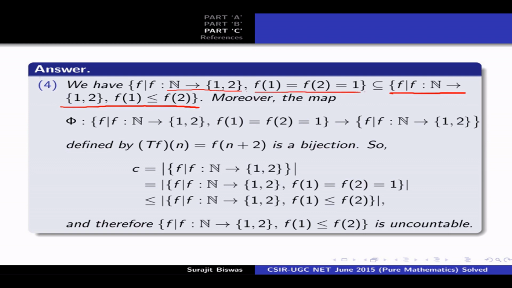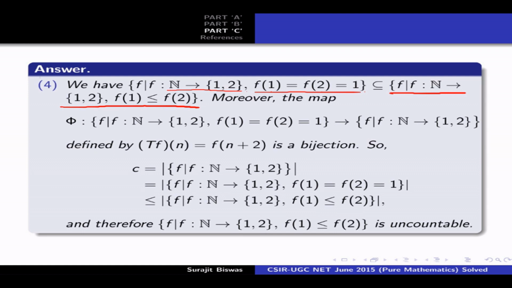So we are fixing the values at 1 and 2, and taking both to be equal to 1. But we are just fixing the functional values at 1 and at 2.